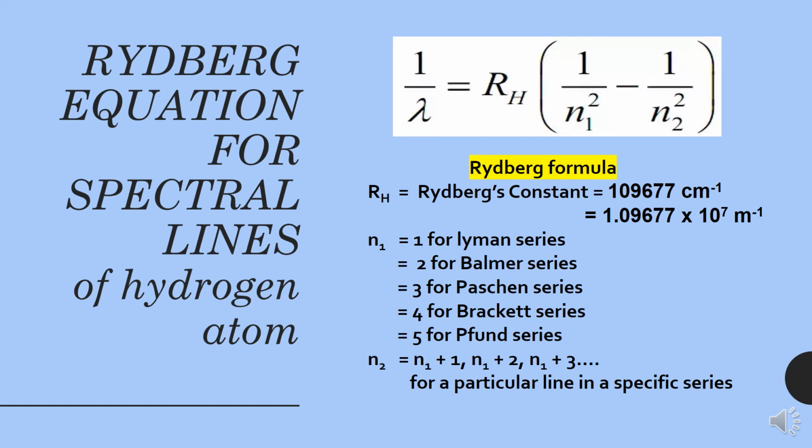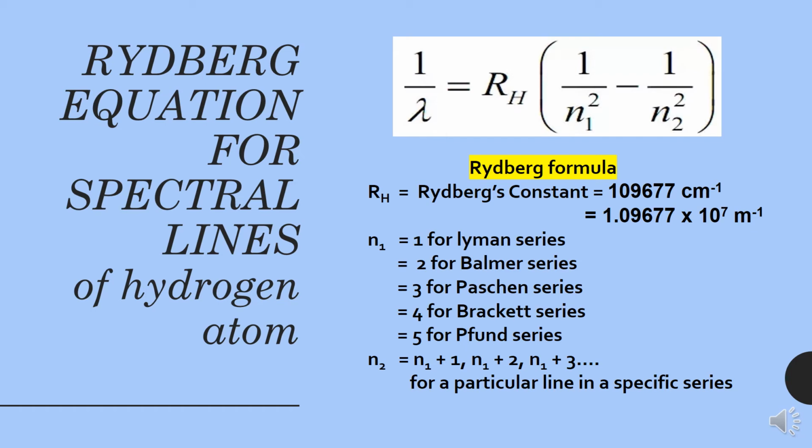So wave number of any spectral line is equal to RH (1 over n1 square minus 1 over n2 square). Here this RH is actually Rydberg's constant, and its value is 109677 centimeter inverse, or in meter 1.09677 times 10 raised to the power 7 per meter.